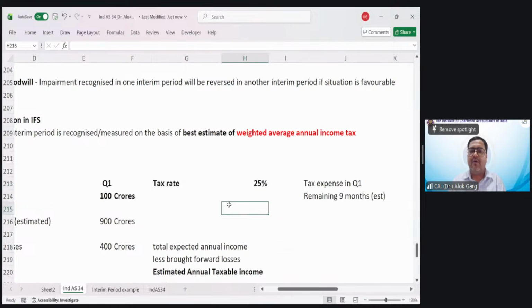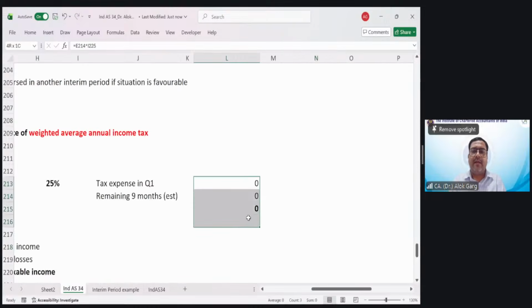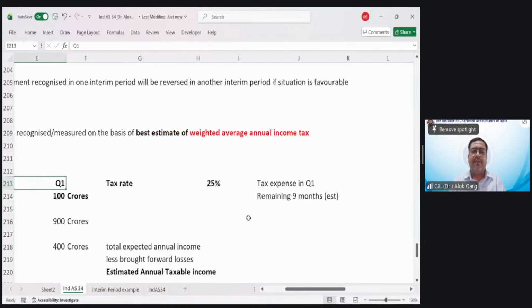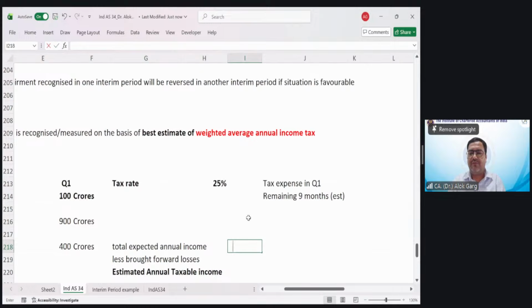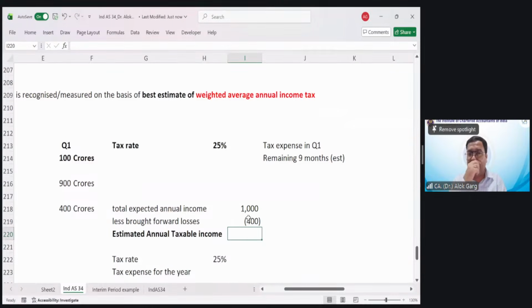Now what do I need to do? I need to compute my total expected annual income. 100 plus 900. My brought forward loss is 400. What is my estimated annual taxable income?